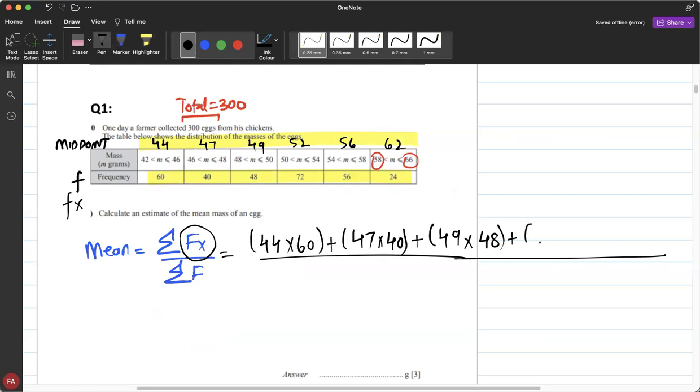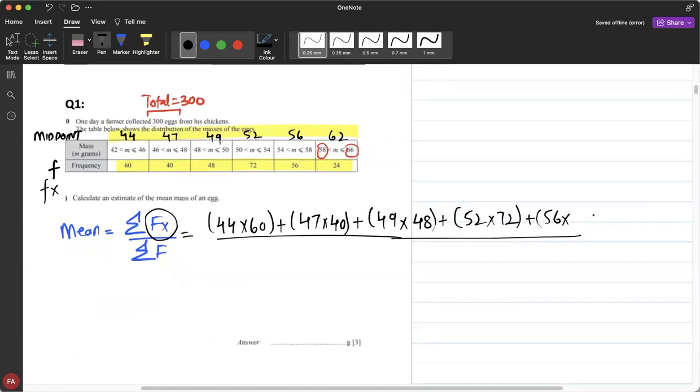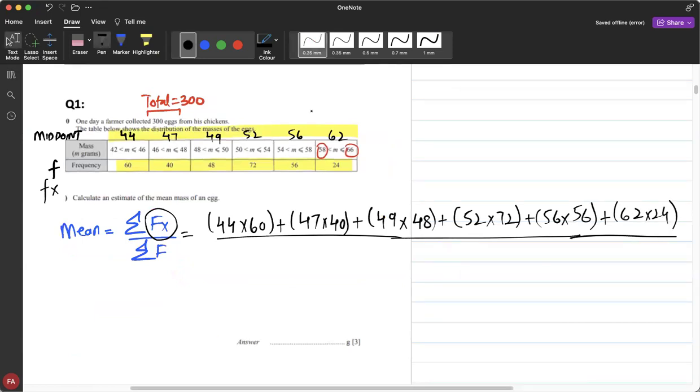In a similar way, that's going to be 52 times 72, plus 56 times 56. And finally, we have 62 times 24. In my denominator, I know that the total is 300. If you don't believe my words, you can add all of this, and that should give you 300 as well.